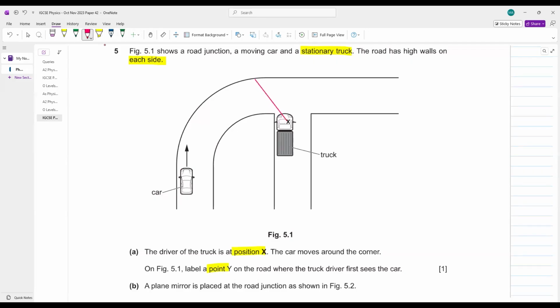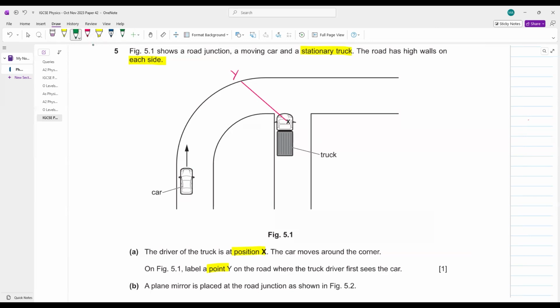I will explain the reasoning to this as well. One second, let me rotate this. Since we have high walls, what will happen? The truck driver will only be able to see just beyond these high walls.